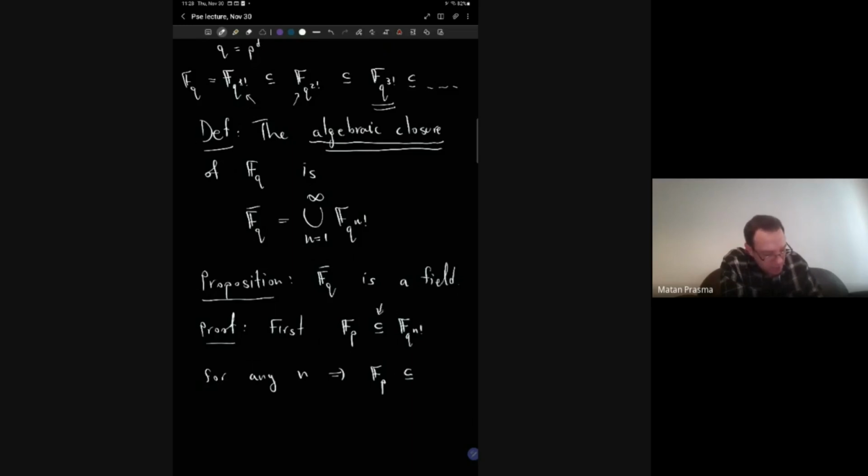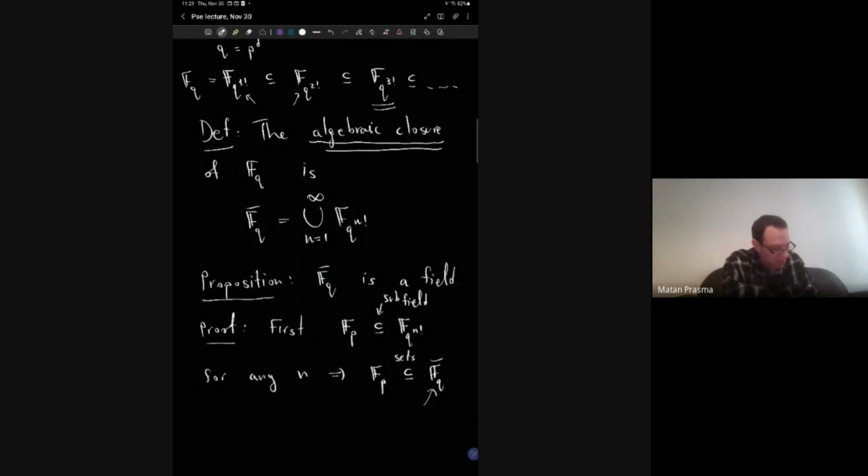This is a subfield, of course. And it means that it is contained in the union, which we define to be the algebraic closure. For now, we only know that it's a set inclusion. We cannot possibly say that it's a subfield inclusion because we didn't prove that F_q bar is a field. That's really the claim.